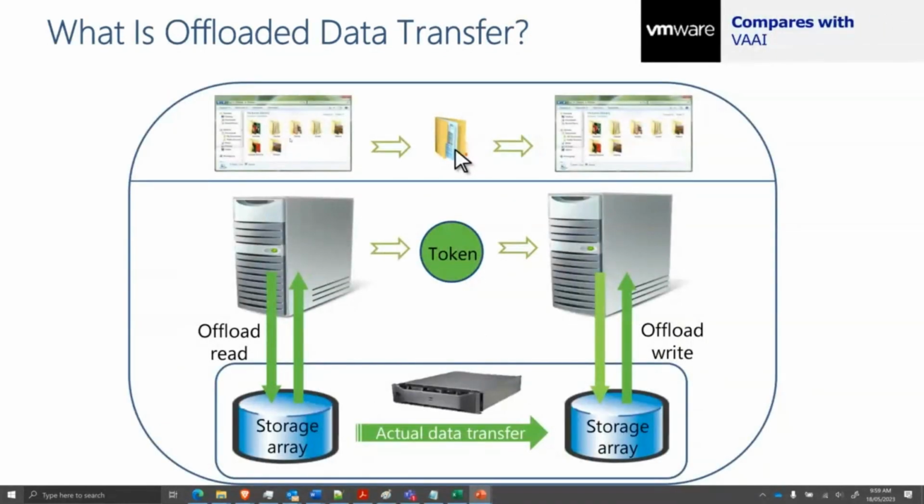So if we think about this, basically from our interface, we're saying copy. All right, copy from here to here. So then we basically go away, and it's going to happen behind the scenes without involving our computer or the CPU.